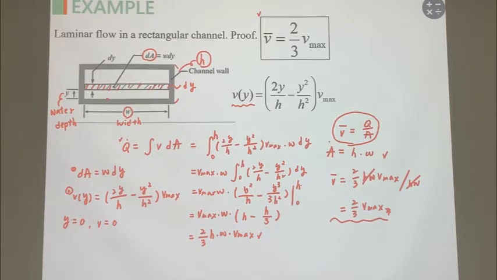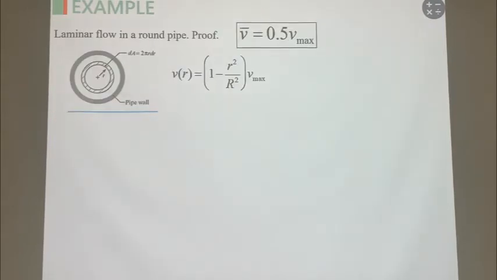Okay, in a similar way, let's consider pipe flow. The difference in pipe flow is that we assume the total radial length here is the capital R. You see the pipe flow cross-section is a ring.